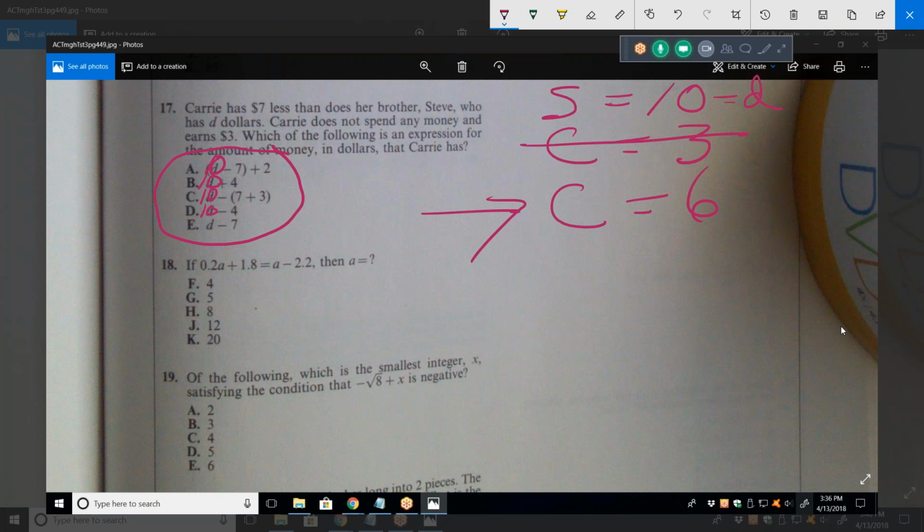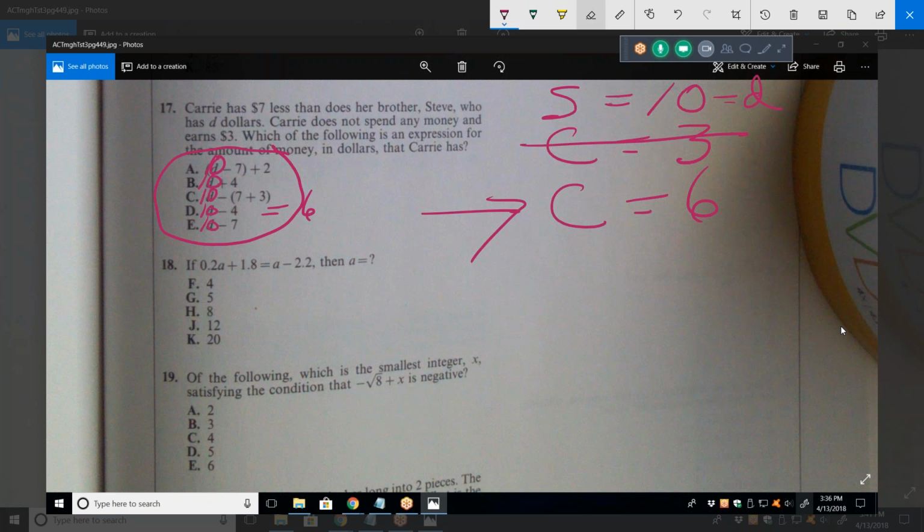D. Exactly, and it's the only one. This one's equal to 5, that one's equal to 14, that one's equal to 0, this one's equal to 6. And notice, I didn't have to do any algebra. My brain knew that if Steve was 10, Carrie had to be 3, or at least it should have. I made the mistake the first time and made her 7.